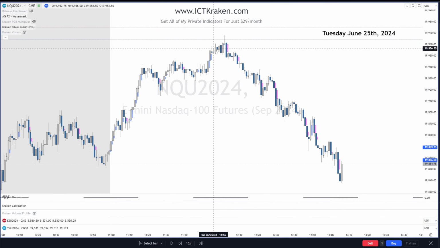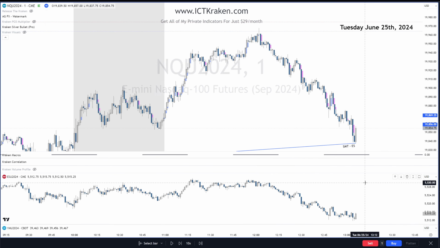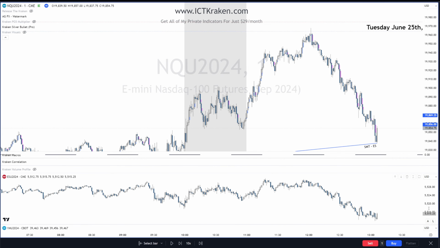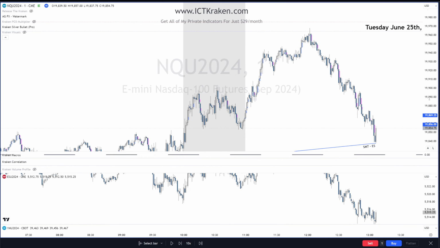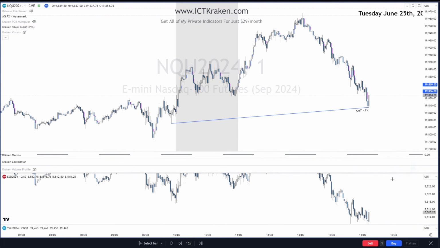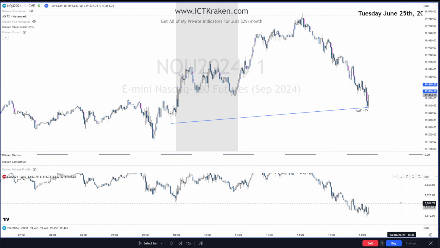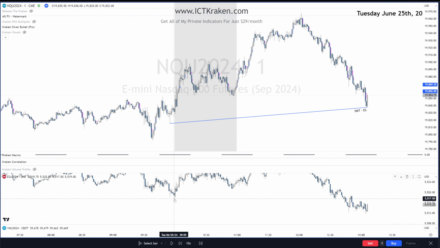Obviously this is a market maker sell model right here. But when we have SMT with ES, let me show you that right now. Okay, so this one right here is lower.